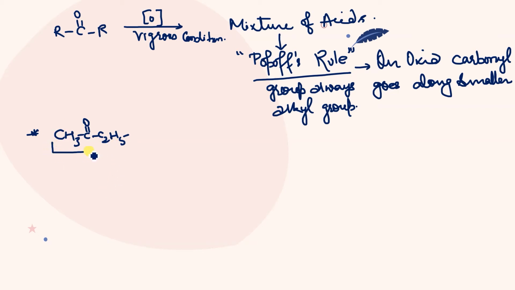So what we have to do, the CO group will go along with this, and just nothing to think of it. You have to say that there are two carbons, so make the acid of two carbons. So what is the acid of two carbons? That is CH3COOH. Clear? On the next side, again, because this is going to give you a mixture of acids, all will convert into the acid.